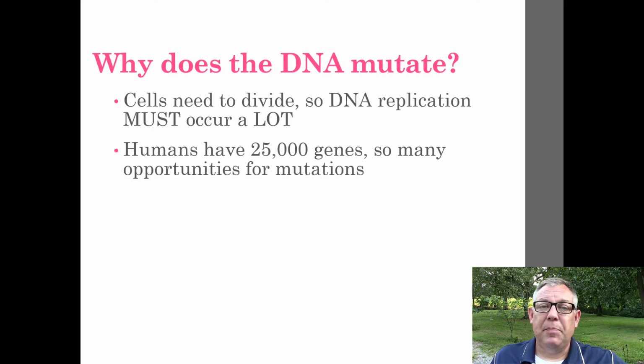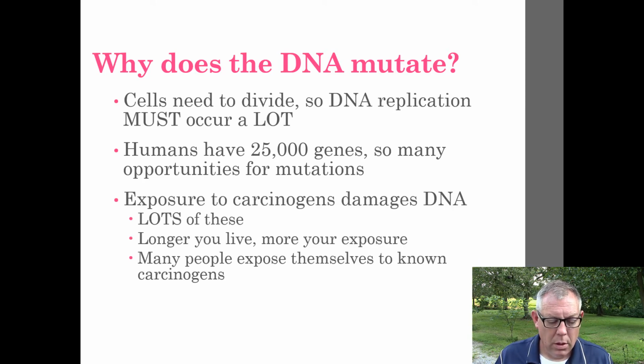You've got that many base pairs, but you've got about 25,000 genes or so. So there are many places where a mutation could cause a change in a protein. Of course, lots of mutations are caused by things in your environment, things that you're exposed to.